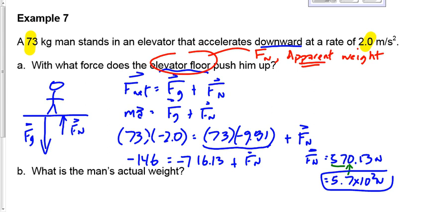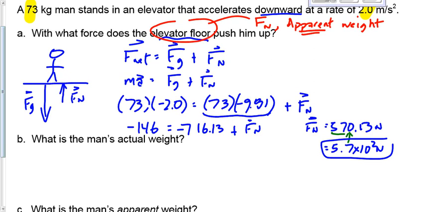Got it? We feel the normal force. Our real weight is gravity, but our perceived weight, our apparent weight, is the normal force. What's the man's actual weight? His actual weight is just the force of gravity, right? So the force of gravity is just m times g.